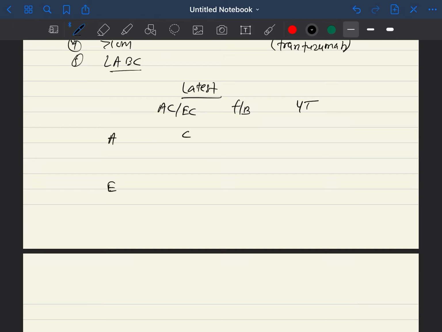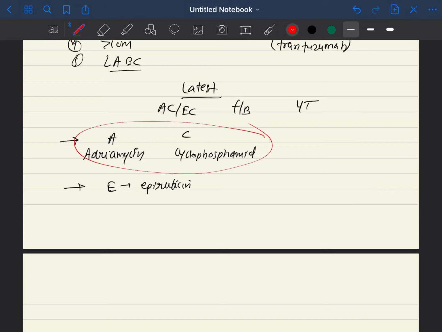A is adriamycin, C is cyclophosphamide, right? E is epirubicin, alright. So we give either AC or EC followed by taxanes.